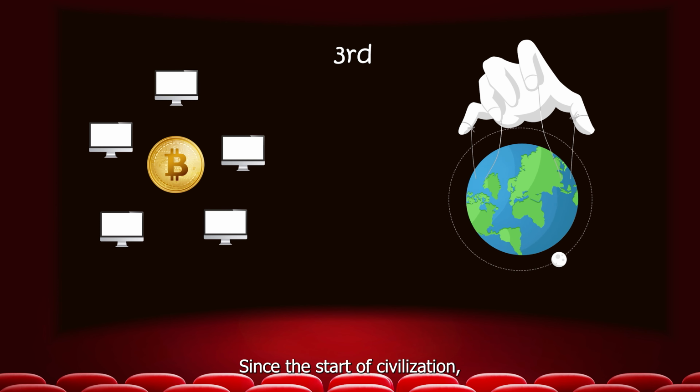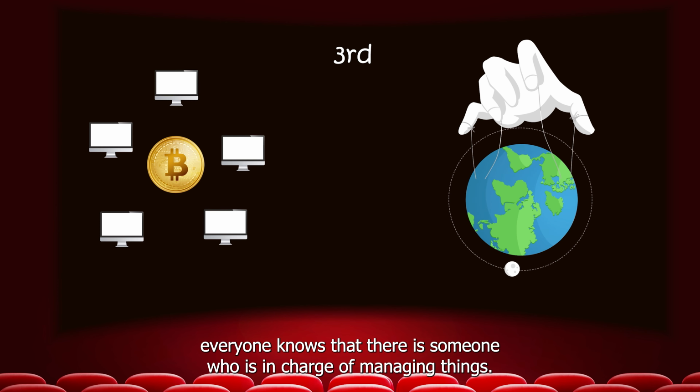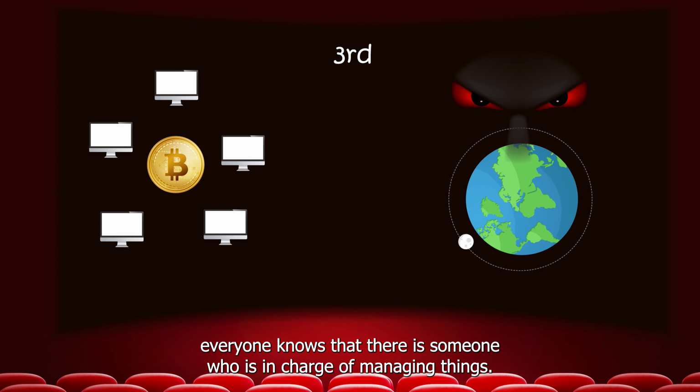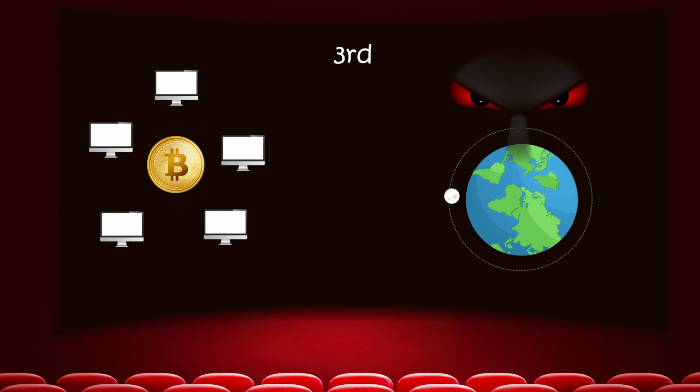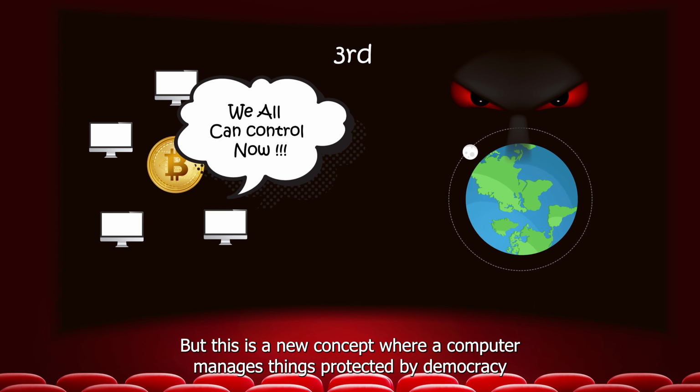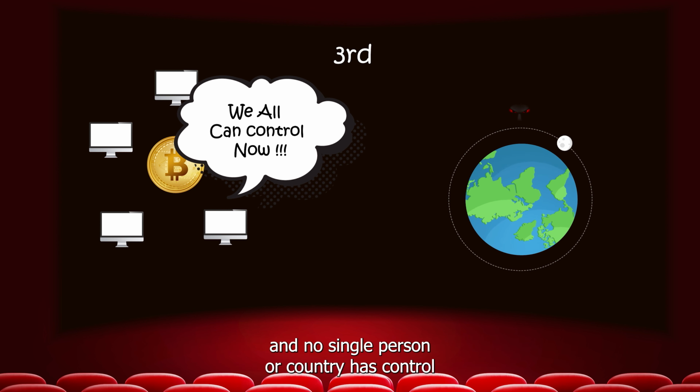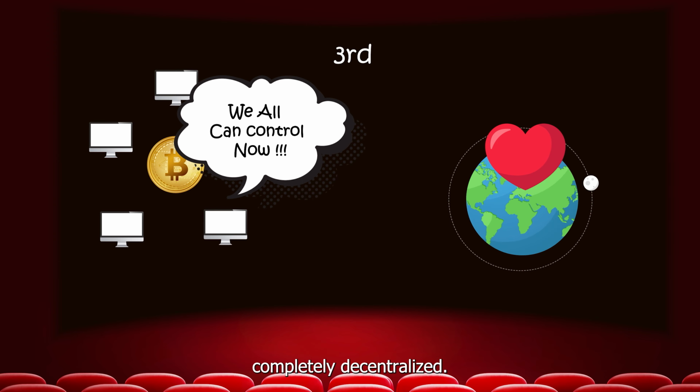Since the start of civilization, everyone knows that there is someone in charge of managing things. But this is a new concept where a computer manages things, protected by democracy, and no single person or country has control. Completely decentralized.